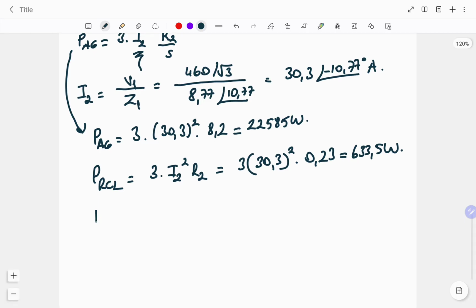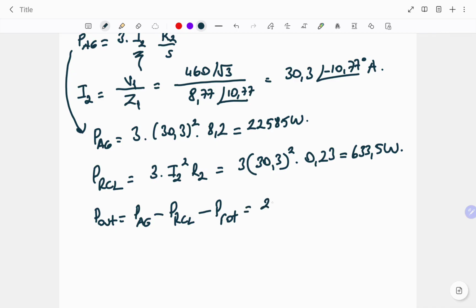Then we can continue with the output power calculation according to our parameters. We can start with the air gap power value. Then we need to subtract the rotor copper losses and the mechanical losses, which are the rotational losses, which include friction, windage, and the stray losses.